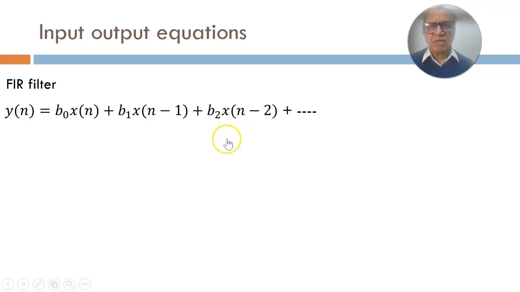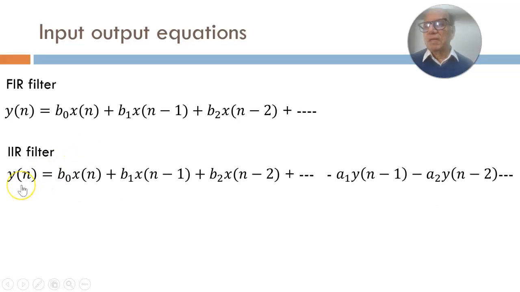So far we have studied how to do it analytically, and also we have studied a MATLAB function for this. All right. Let us now define the input-output equation for the IIR filter, that is the infinite impulse response filter. Here the output depends on the current value of the input and some of the past values of the input. So far it is similar to the FIR filter, but then it has additional terms where the output also depends on some of the past values of the output.